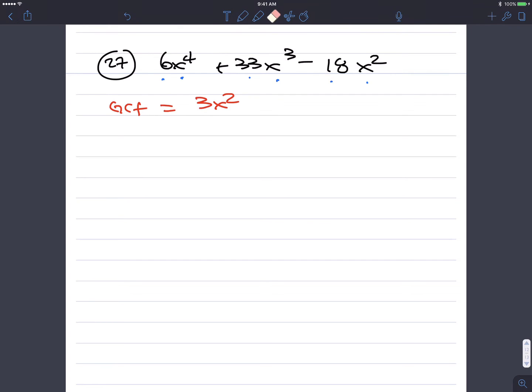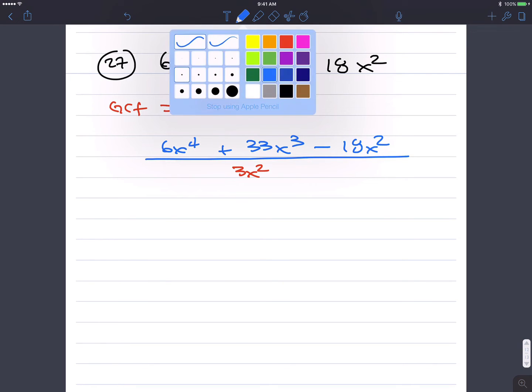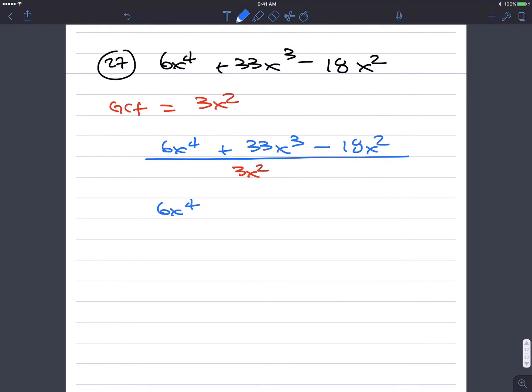And then, if we go back and try to find this quotient, we take the 6x to the fourth plus the 33x cubed minus 18x squared over the GCF of 3x squared, and we get 6x to the fourth over 3x squared, 33x cubed over 3x squared, minus 18x squared over 3x squared.